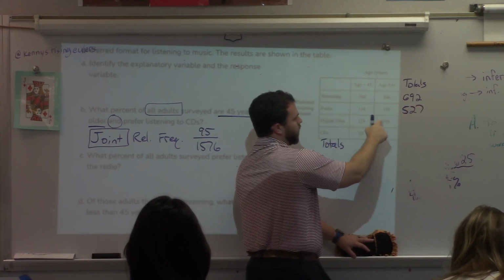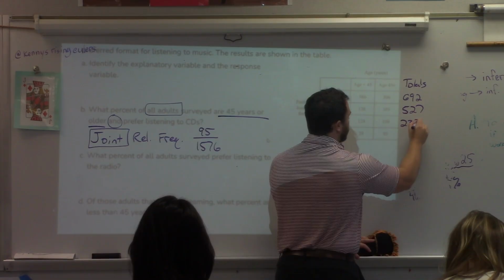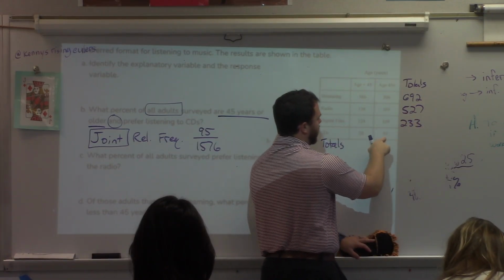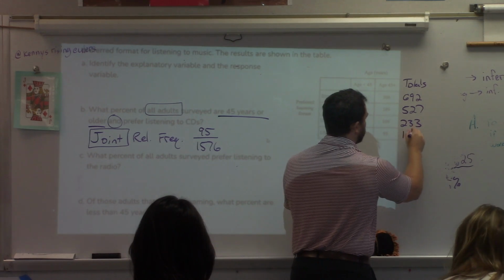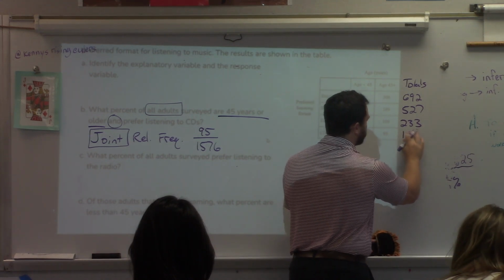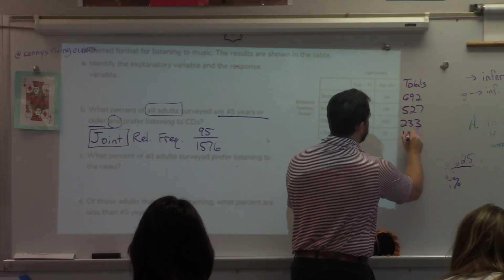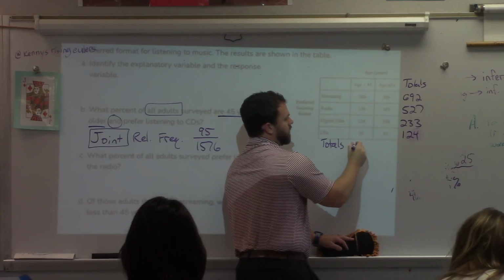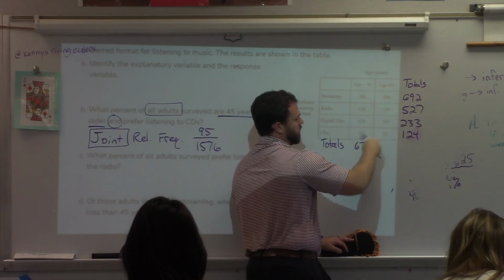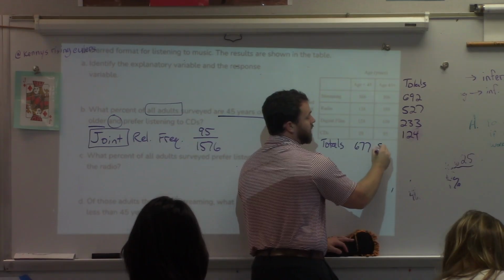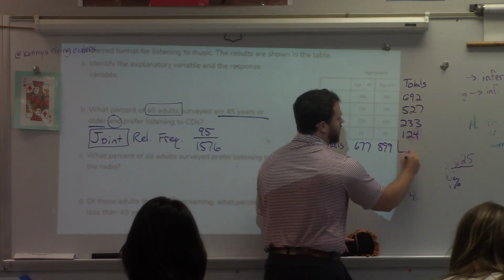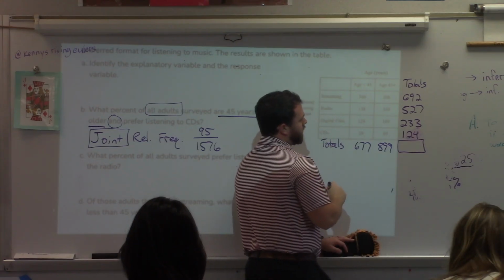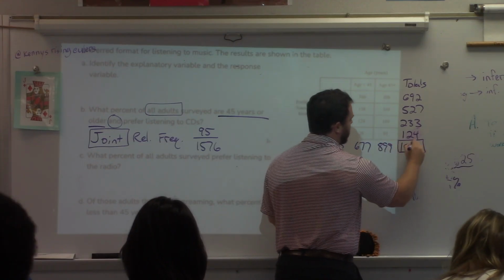Yes. 124 plus 109 is 233. 29 plus 95 would be 124. That's what I meant. Thank you. So glad y'all are here. That would have been bad. All right, I don't know this column off the top of my head. 899. Yes. And so notice my total is the 1576 you talked about earlier.